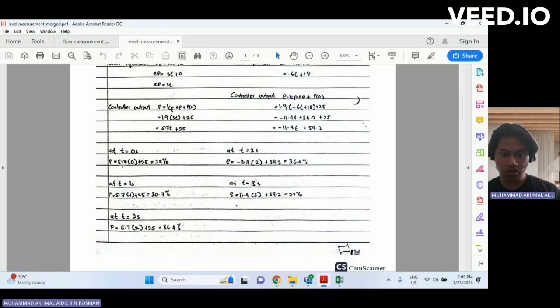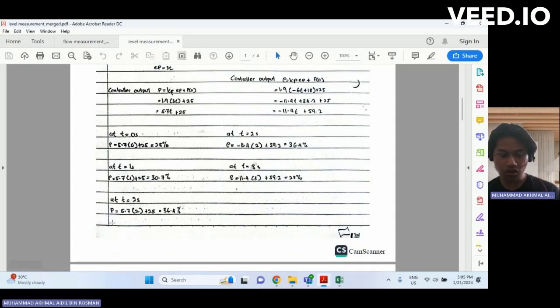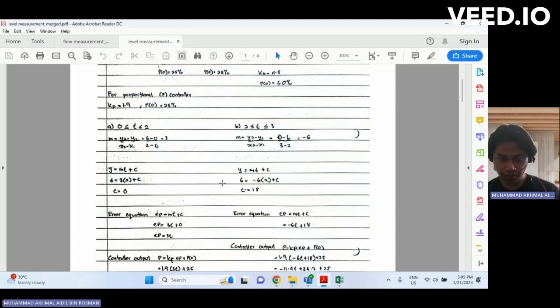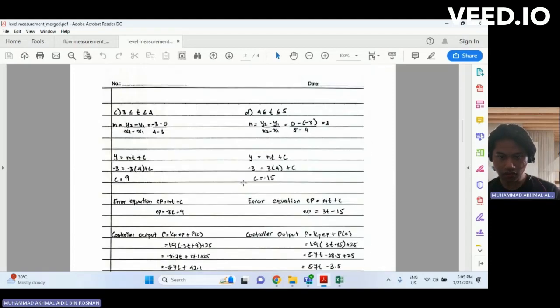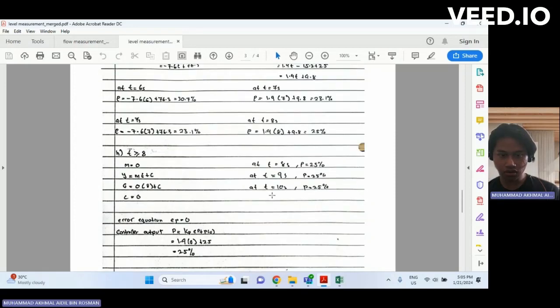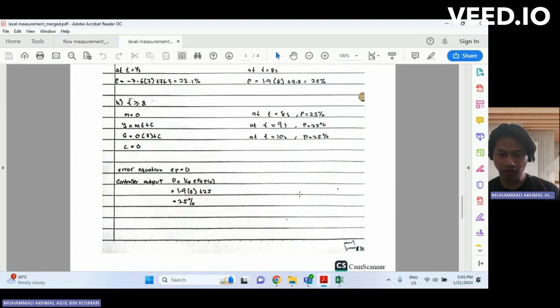We will get our P at t equal 0 seconds with the value 25%, and at t equal 1 second we will get P equal 30.7%, and at 2 seconds we will get P equal 33.4. And we will do the same thing until t equal 10 seconds, with the value P equal 25%.